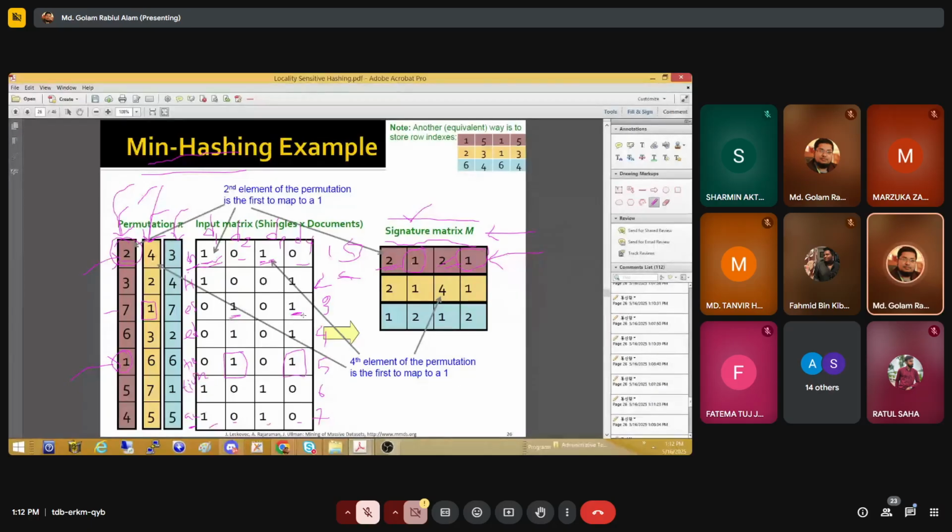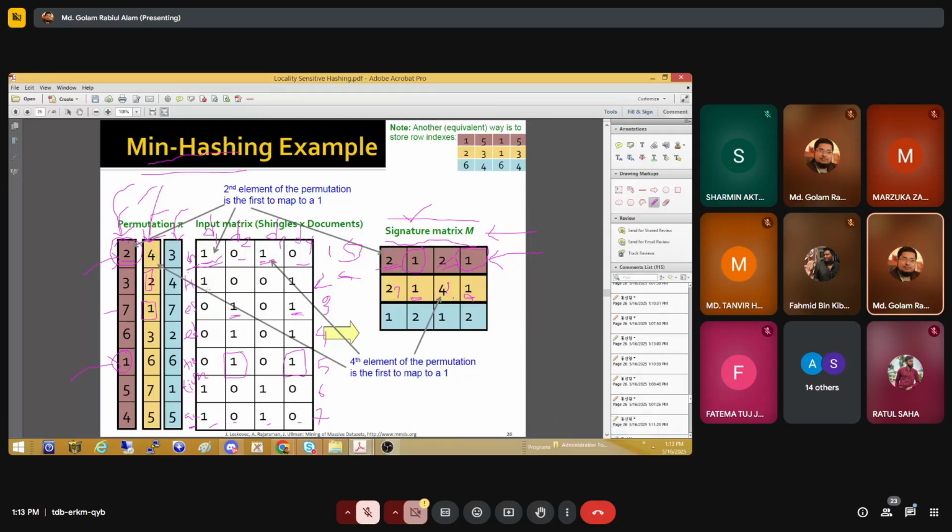So for the second signature, the second position and fourth position is 1. And then we have to decide what will be in this position and that position. Now we have to move to 2 here. This is 2.